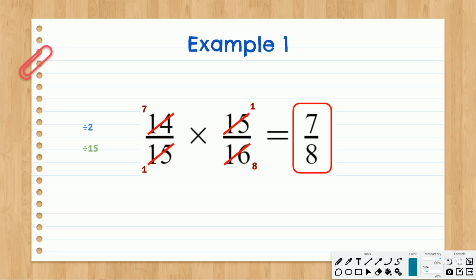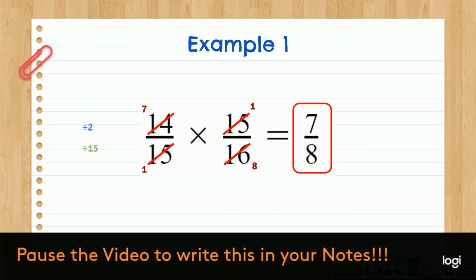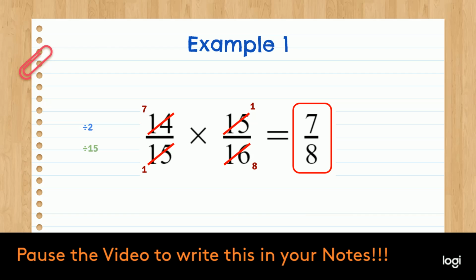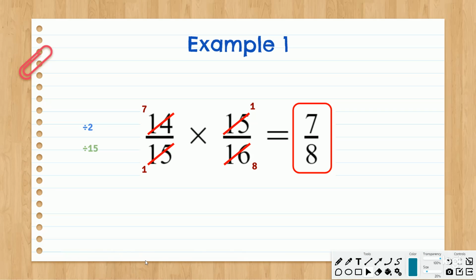So my answer is 7 over 8. Again, it's a lot easier than multiplying 14 times 15 and 15 times 16 and then dividing at the end. So pause the video here and write that example in your notes. And we'll move on to the next slide.